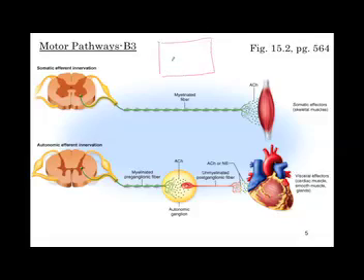You may want to make up your own little matrix that compares these two, somatic with autonomic. You can tell I really like these matrices, don't you? So you can compare number of nerve fibers, the neurotransmitters. Is there a ganglion present or not? What are the effectors?